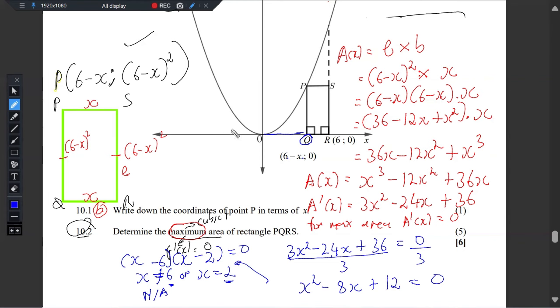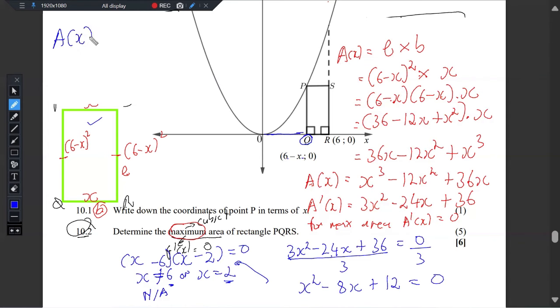So based on this, let's check. We can go back there and say we want to find our maximum area. We are given 36x minus 12x squared, and then plus x cubed.